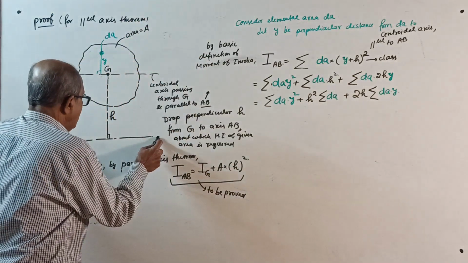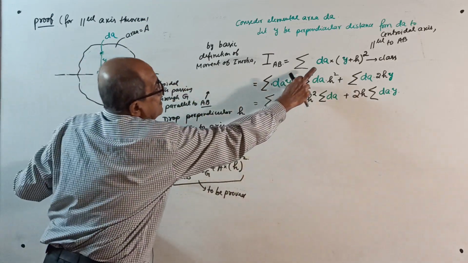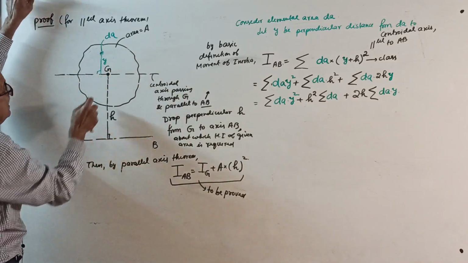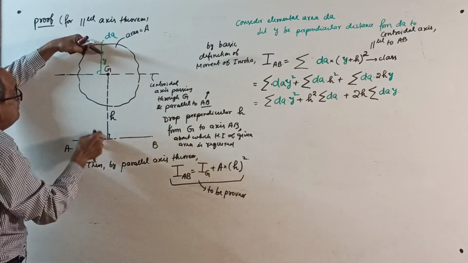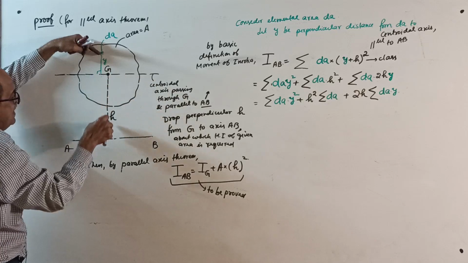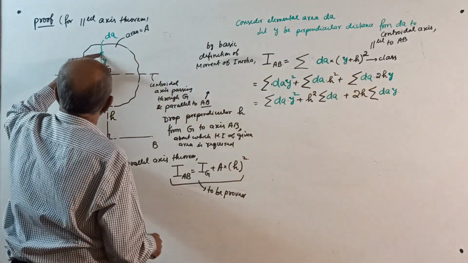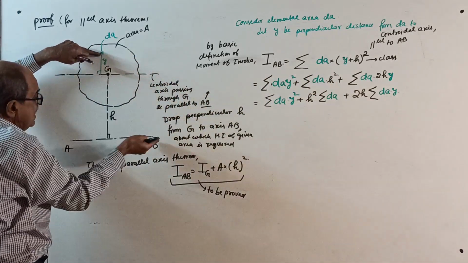So, I about AB is elemental area dA into, see, if you want about AB, from here to here, this green color, to AB, (y plus h) whole square. Elemental area into the square of the perpendicular distance from the elemental area to the required axis.